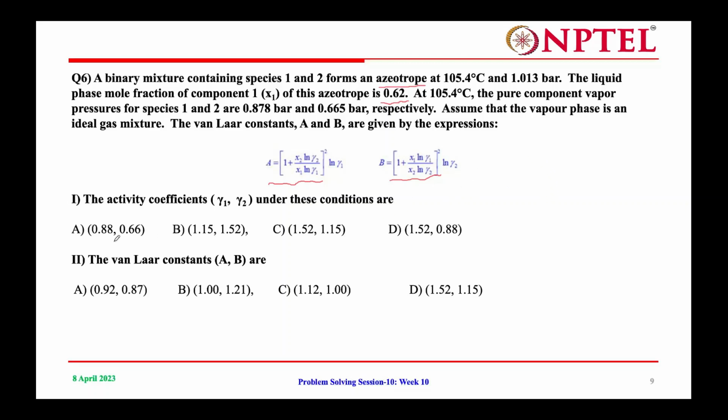So we can calculate the activity coefficient by using VLE between the ideal vapor mixture and non-ideal liquid mixture relation: y1 into P equal to gamma 1 x1 p1 saturation. So here it is an azeotrope composition, so x1 equal to y1, right?